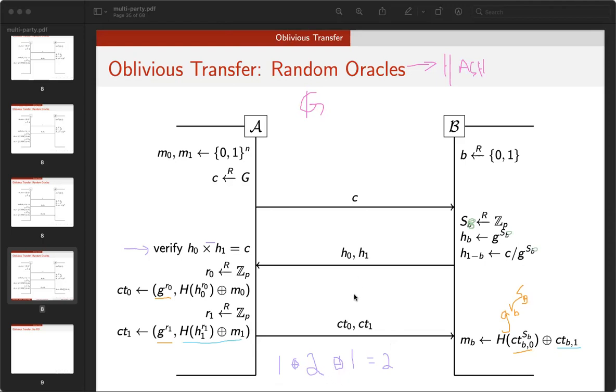Okay. So in the second half, Bob has sampled these values and he sent them to Alice.